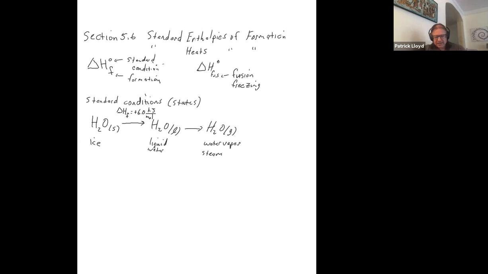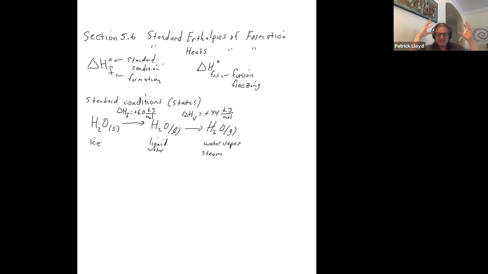Likewise, if I want to take that liquid water and boil it, that's vaporization. This also requires about 44 kilojoules per mole. Endothermic, right? Positive sign. So in order to go from ice to steam or ice to water vapor, it requires about 50 kilojoules of energy per mole of water. The more water you have, the more energy it's going to take.